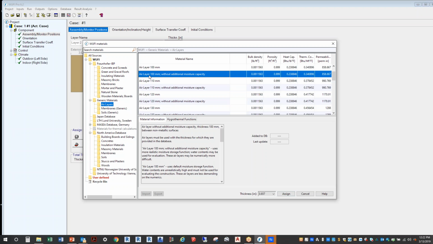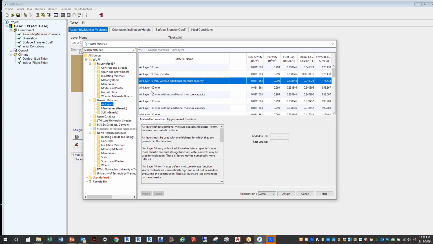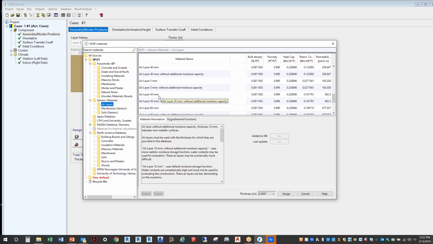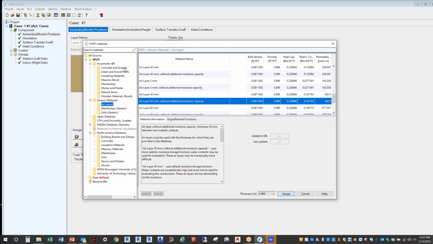Oh, that's too thick. Let's do 50. Yeah, I'm going to say it's got to be closer to 2 inches. There's 1.96, 50 millimeters. So we'll assign that airspace. Okay. Then the next one is our rigid insulation.